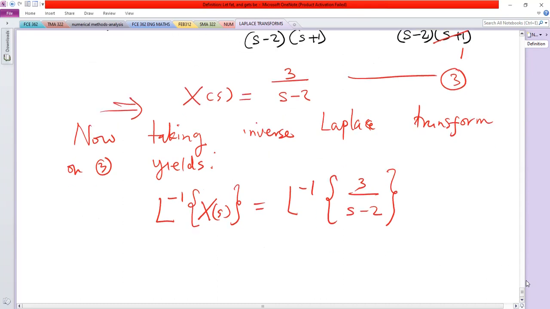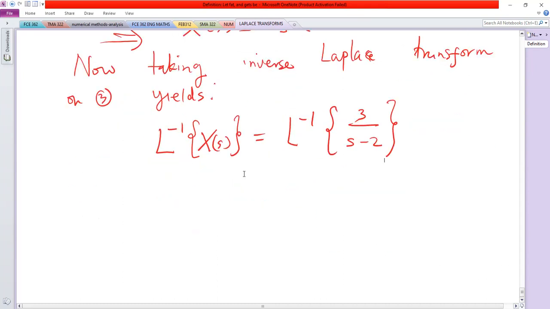And using your Laplace tables, you find out that this will give us x(t), and this will give us 3e^(2t). So that is how we solve those two given problems. Thank you.